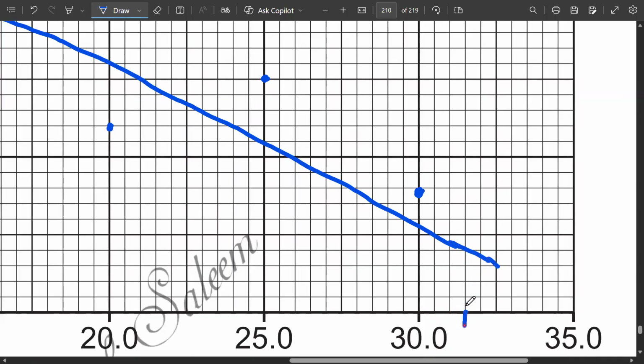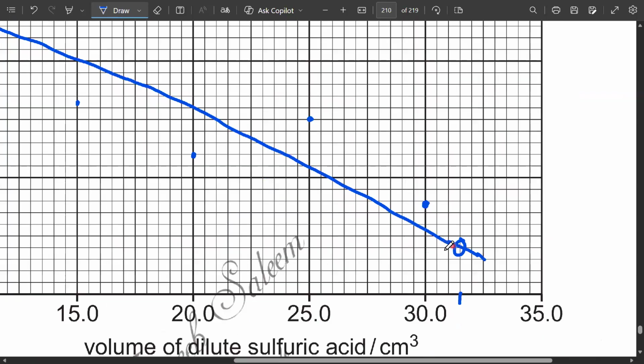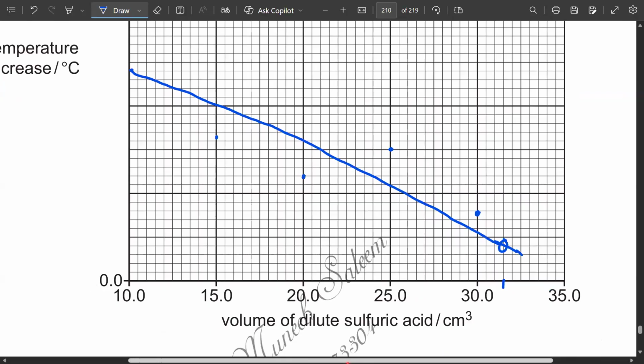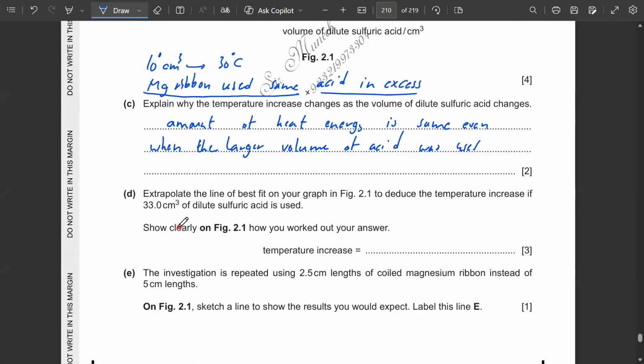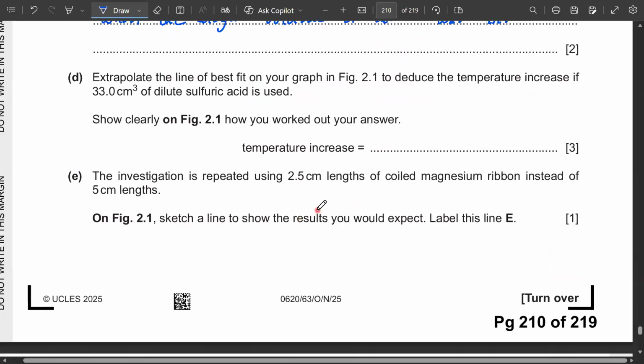This is 33, and this is the point at which the temperature lies. So we need to find that temperature. The temperature rise is over here. It is a 4 degree rise. Temperature increase is 4.0 degrees. You need to put the correct unit along with the value.